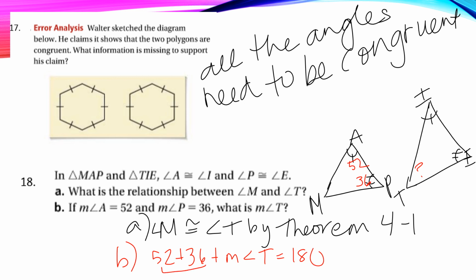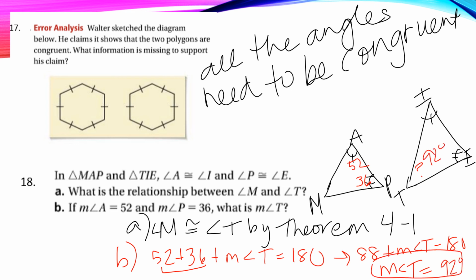So 52 and 36 would be 88, plus measure of angle T equals 180. And then if I subtract 88 from both sides, I get the measure of angle T is 92 degrees. And if T is 92 degrees, that means M is also 92 degrees.